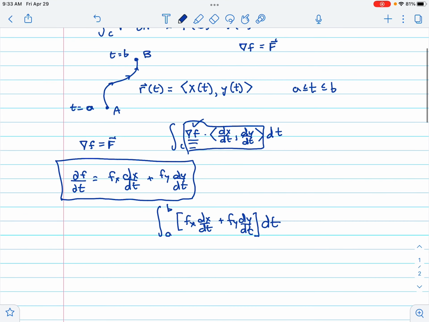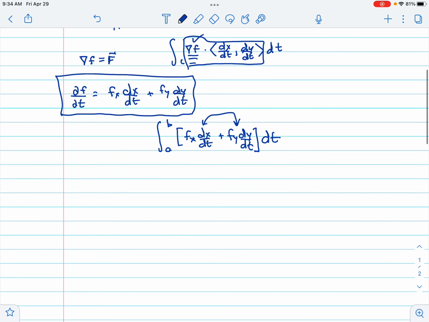I've put in the t's, and now I've got this function. Take a minute and look at this. The only variable we have here is t. The x and the y have been totally replaced by something involving just t.